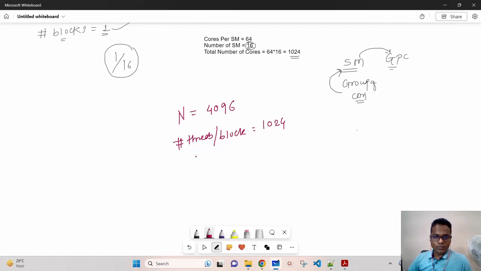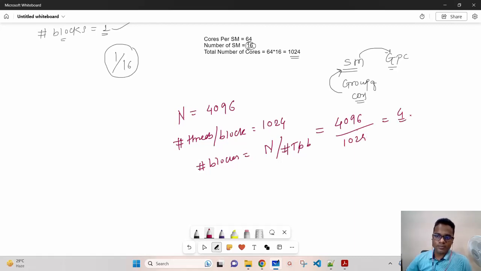So obviously now we have to launch multiple blocks in order to ensure that the rest of the streaming multiprocessors also get utilized. For that, I can say the total number of blocks equals n divided by the number of threads per block, right? So n is 4096, and that is divided by 1024, which gives me 4 blocks.